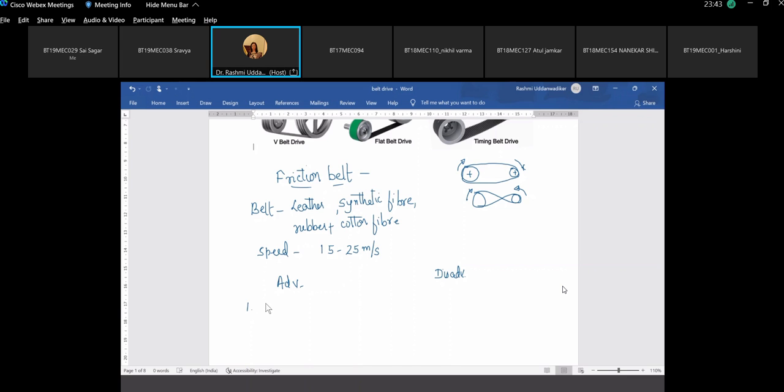The basic advantage is ease of manufacturing over gears. Cutting a gear profile with an involute tooth, 25 teeth, 70 teeth, 54 teeth, whatever, becomes quite complicated. This is very easy to manufacture.